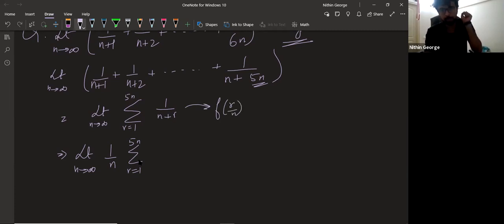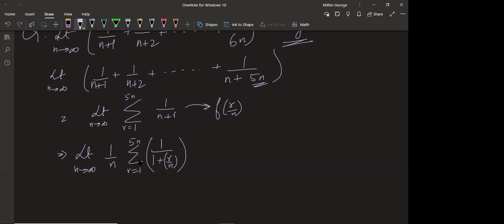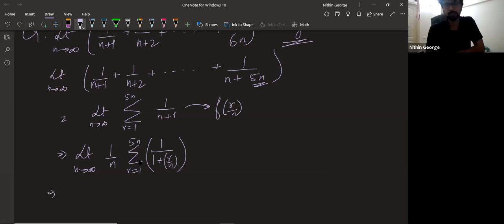So when you take 1 by n outside, this becomes 1 by 1 plus r by n. This is your f value. Getting this, guys? Yes, sir.